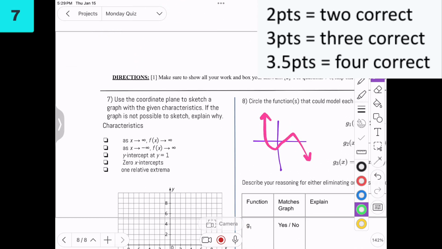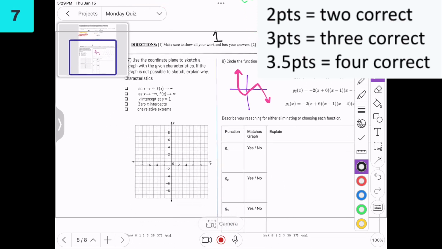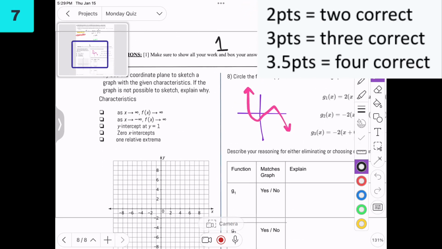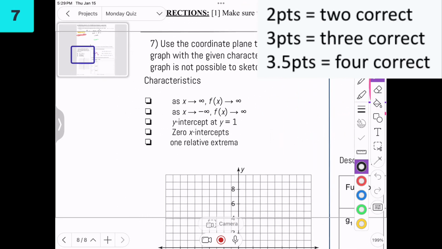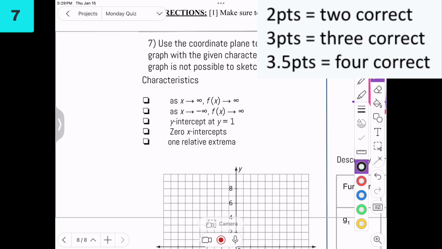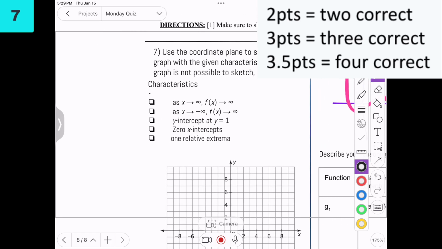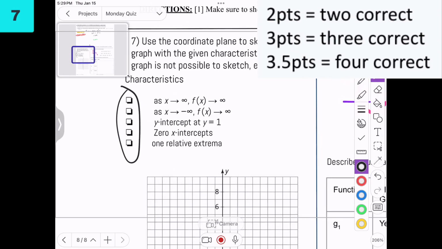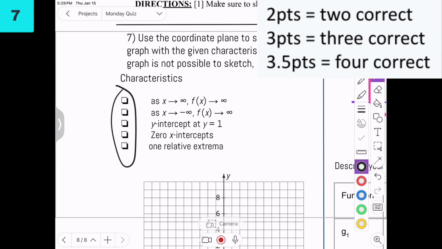Again, same case is going on here. We only want to choose one of these 2 problems, but I'm going to show you both of them. We have to somehow graph this given our descriptions. It says here that as x approaches infinity, my y goes up.